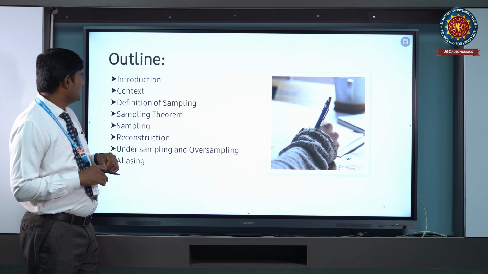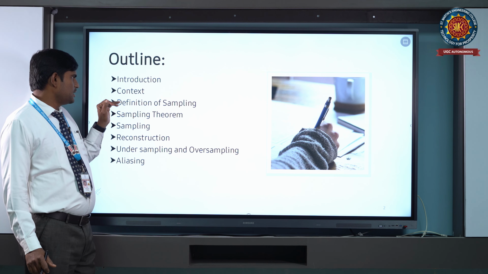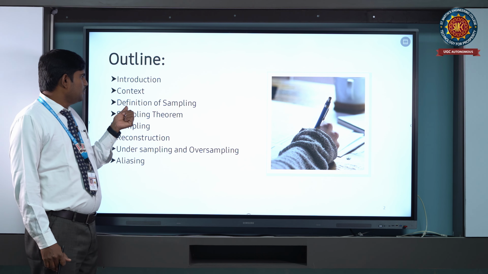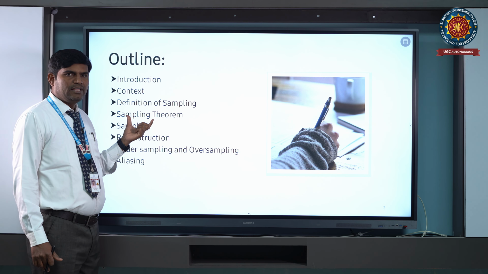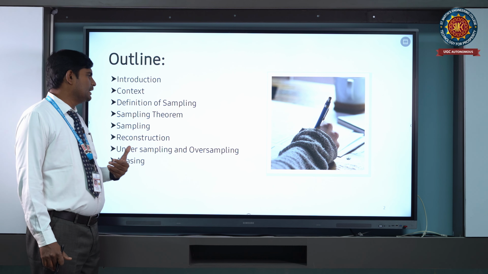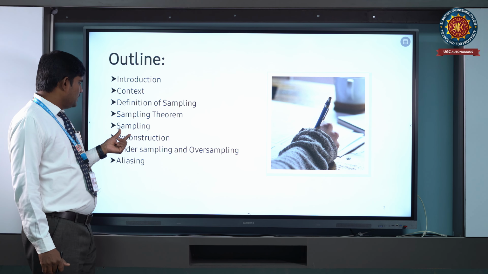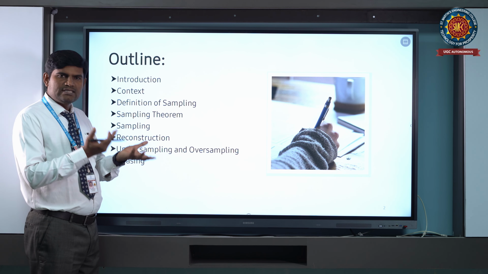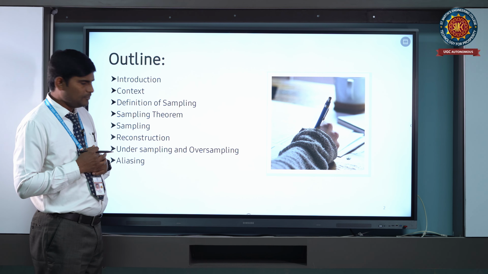Now coming to the outline of our topic. Introduction to the sampling theorem and the context in which it is applicable, the definition of sampling, and the statement of the sampling theorem, along with the conditions that need to be maintained. Then the sampling theorem includes two parts: one is sampling, another is reconstruction of the signal from samples to the original signal.